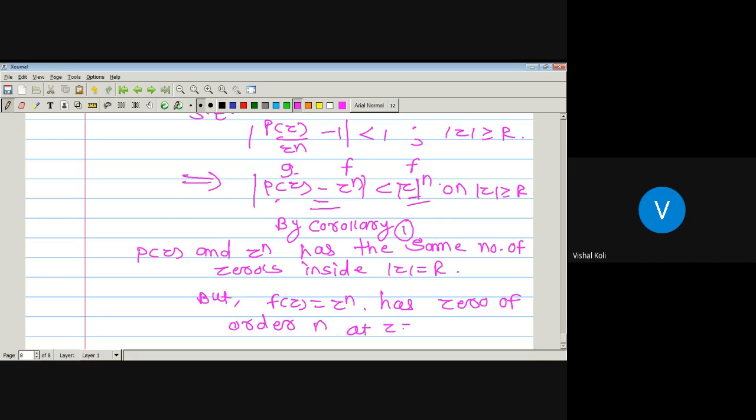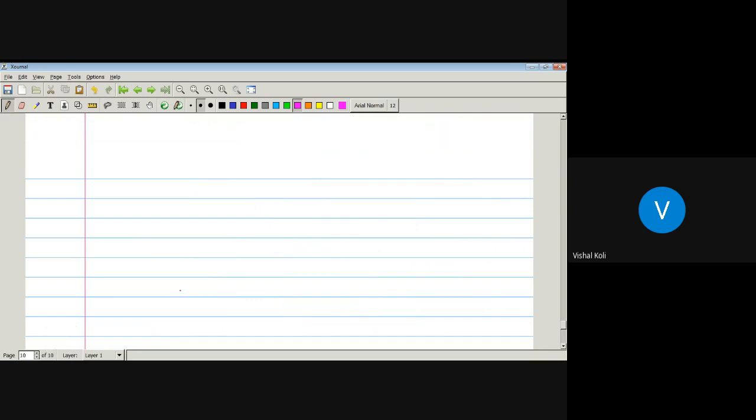So there are n zeros for the function f of z, which implies p of z has exactly n number of zeros in this region, that is mod z equal to R, and hence the proof.